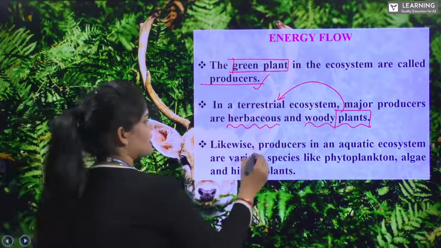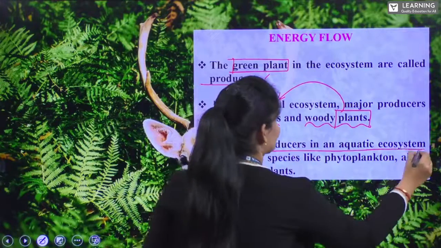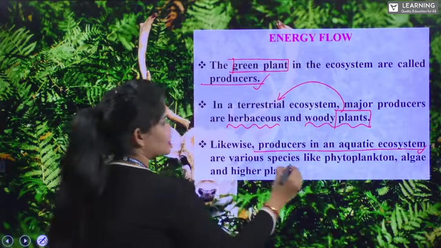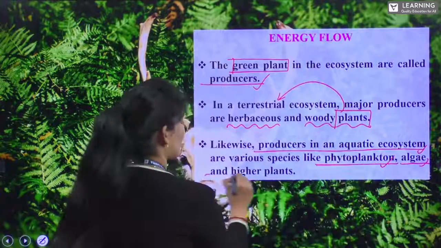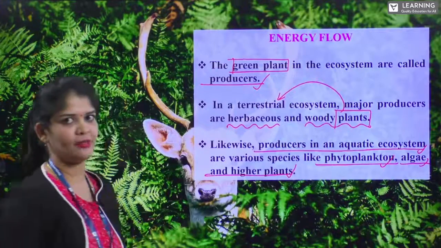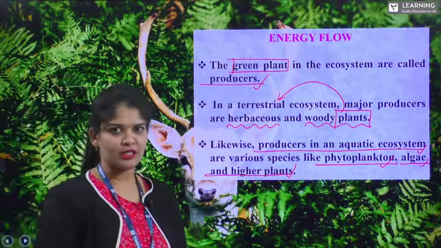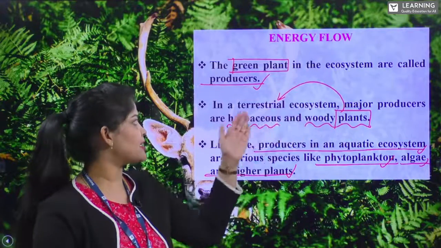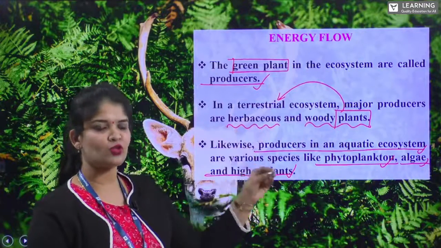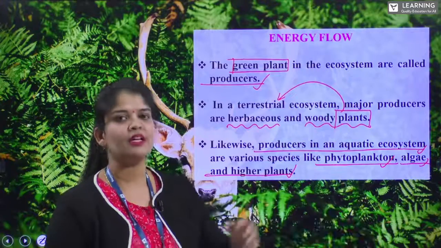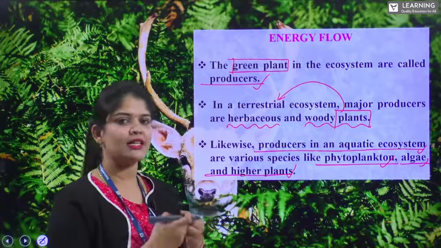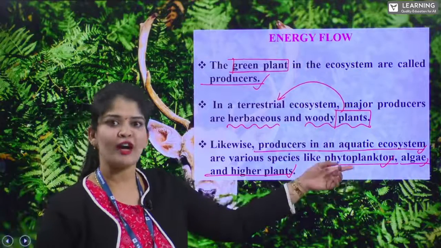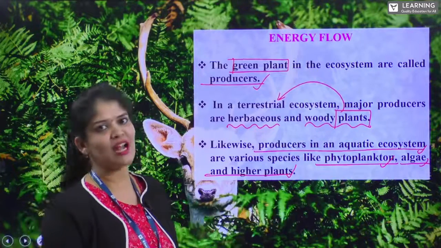Likewise, the producers in the aquatic ecosystem are various species like phytoplanktons, algae, and higher plant systems. So, the producers are the woody plants and herbaceous plants in the terrestrial ecosystem. If it comes to the aquatic ecosystem, then the producers are algae, phytoplanktons, and higher plant systems.